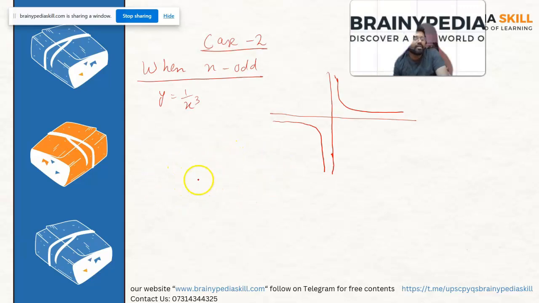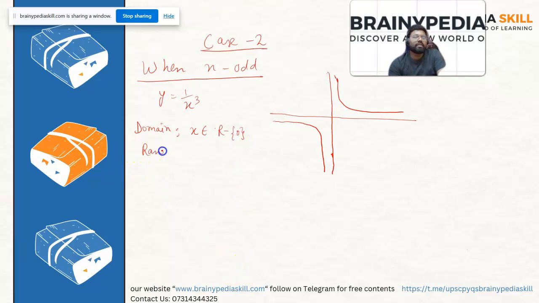So let's write down first of all the domain of this function. Domain would be x belongs to any real number except 0. So 0 can't be the case.